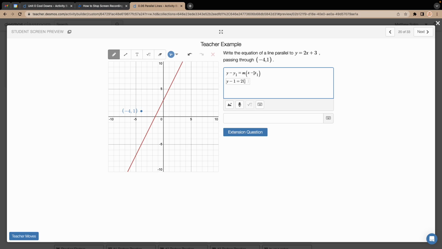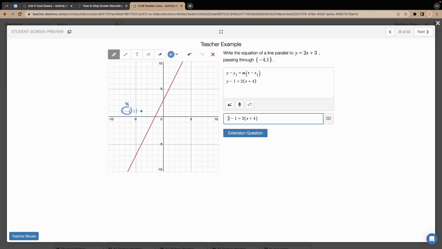And then x minus x1. And x1 would be here, negative 4. So x minus negative 4, that's going to turn to a positive 4. Remember, those signs change. So if x1 is negative 4, when we put it in the equation, it would be positive 4. So here is a possible equation.